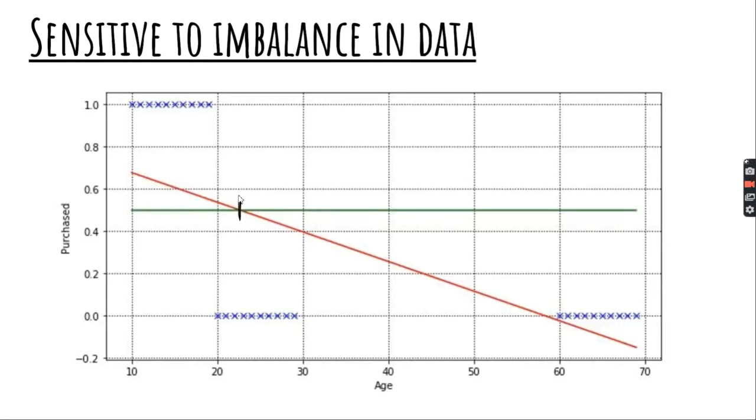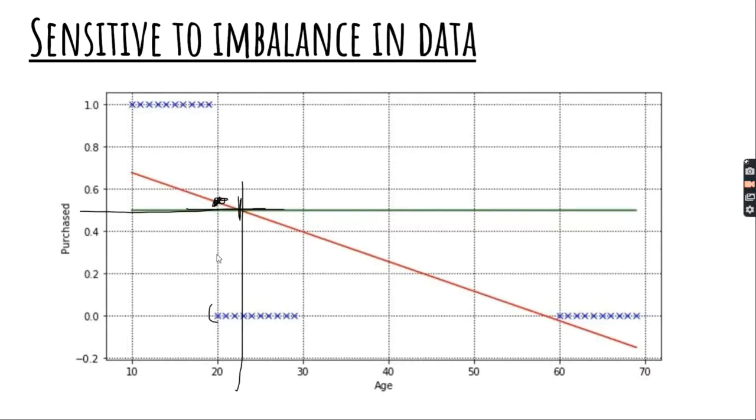So this is the 0.5 line, where you have y equal to 0.5. Now the value at 20, according to our hypothesis, is this, which is greater than 0.5. So this input on our hypothesis gives a prediction of greater than 0.5 according to the linear regression model.